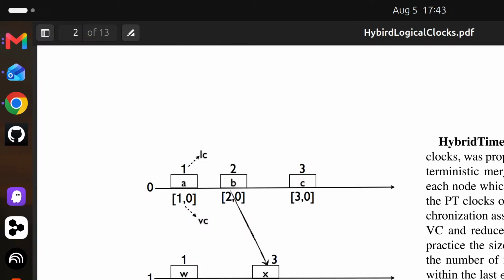Then what we can have is the vector clock: 1 0, 2 0, 3 0, like this, and 0 1, 2 2.